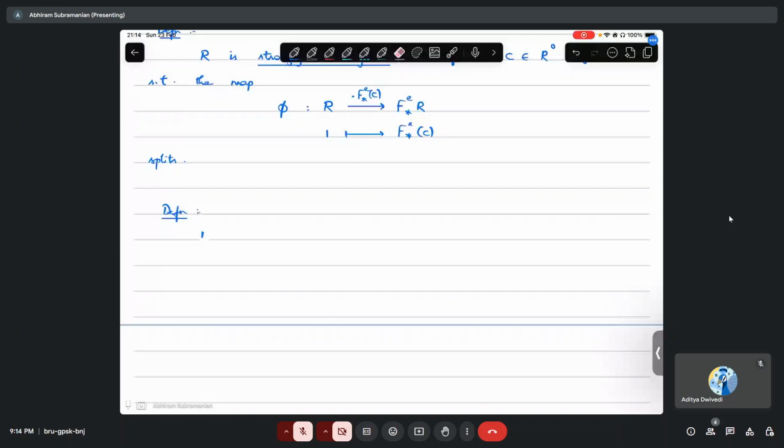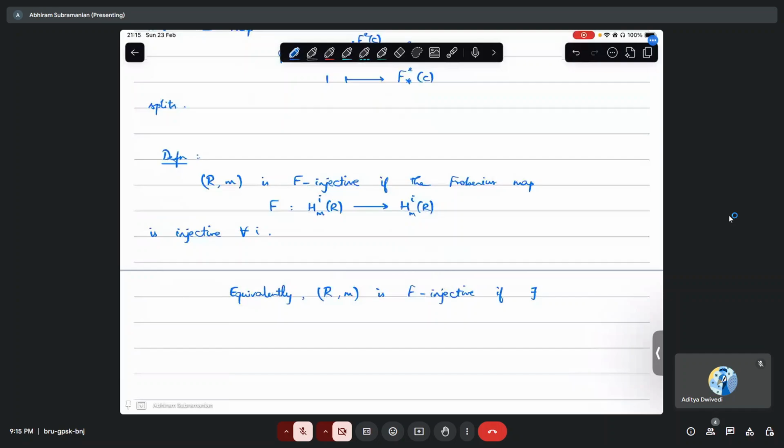And again, believe it or not, equivalently, R_m is F-injective if there exists e greater than 0 such that the map F^e from H^i_m(R) to H^i_m(R) is injective.